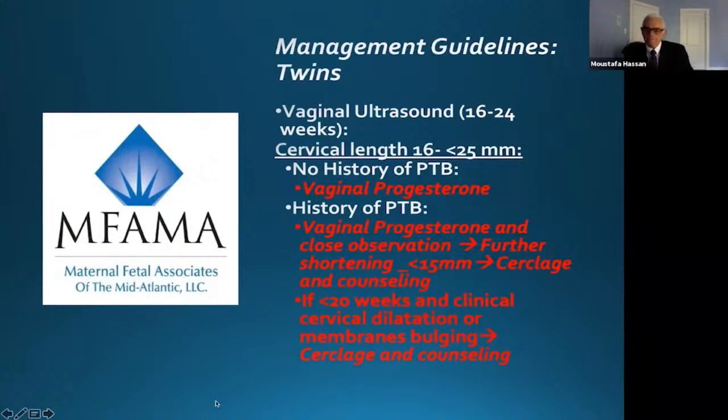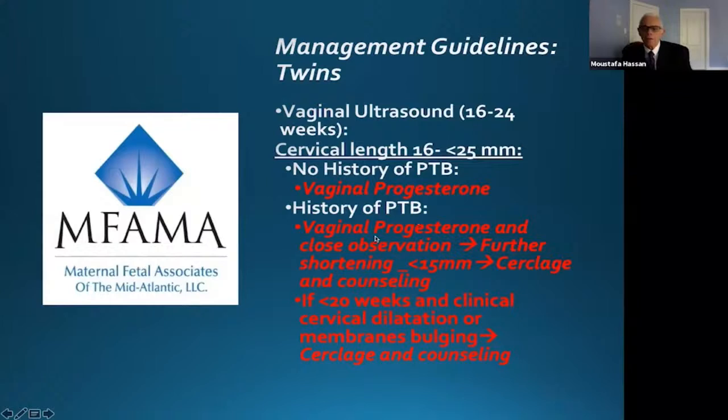Now twins, and that's a little bit tricky here. Again, ultrasound 16 to 24 weeks, maybe you might even start before 16 weeks. Cervical length between 16 and 25 millimeters, no history of preterm birth, absolutely vaginal progesterone, no question.